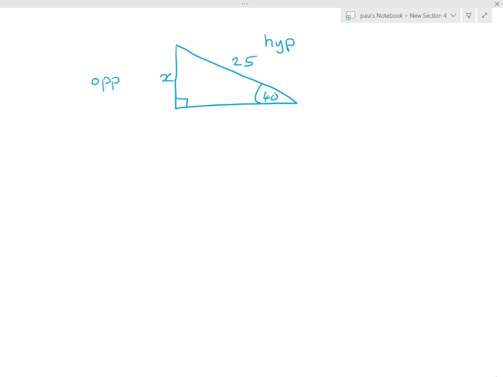Don't need the adjacent at the moment. So SOH CAH TOA, we need opposite and hypotenuse, which is this one again. So we're not finding the hypotenuse, we're finding the opposite this time. So sine 40 equals the opposite, which is x, divided by the hypotenuse, which is 25.